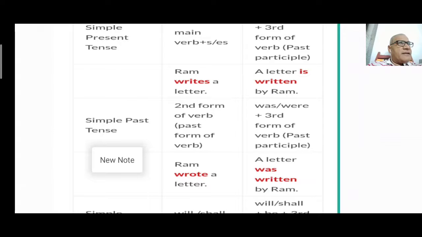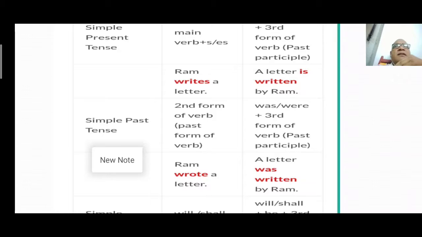All the second verbs are past verbs, written as verb 2, the past form of the verb. When we are changing into passive voice: object plus be plus verb 3 plus preposition by plus subject.